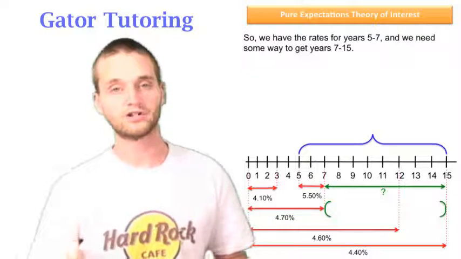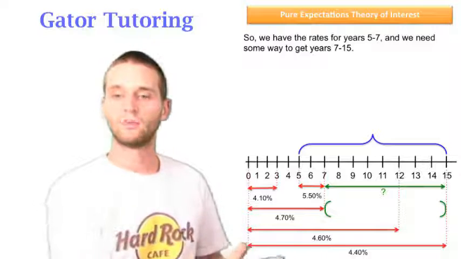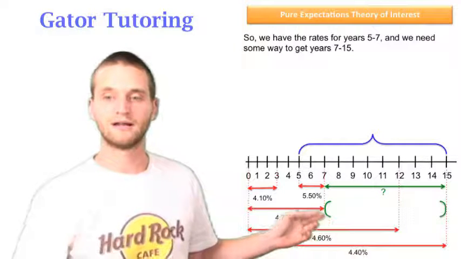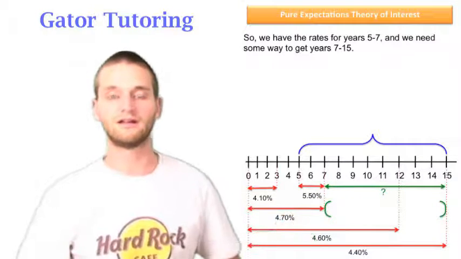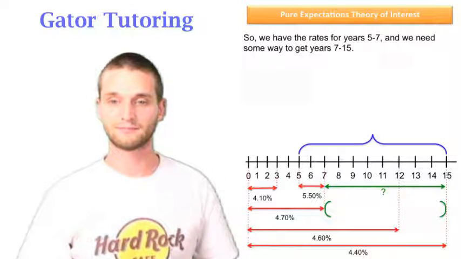That's exactly the strategy we're going to use to find the forward rate, the average rate every year from 7 to 15 in that chunk of space.